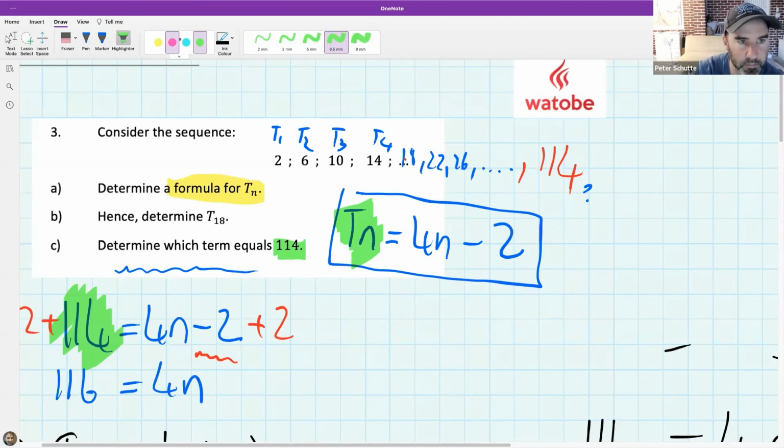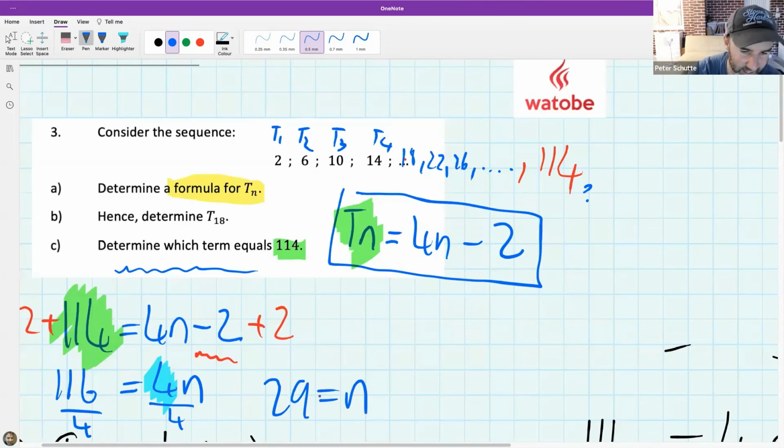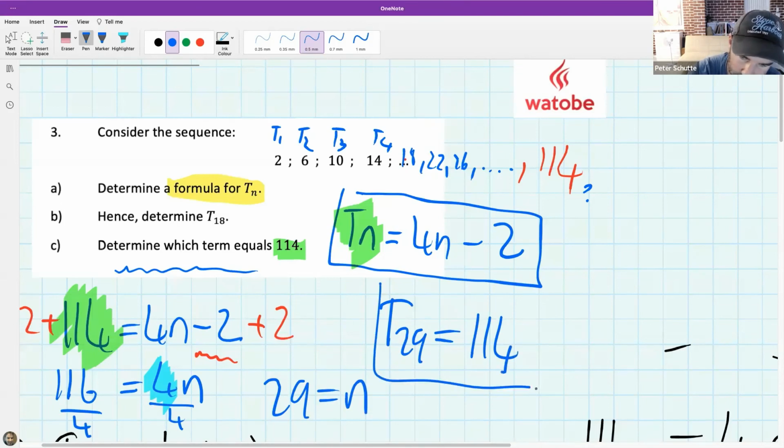But we still want to get n by itself, and this pesky 4 is in the way. The opposite of multiplying by 4 is dividing by 4, and as long as I'm doing the same to both sides, it's all good. You'll see I end up with 29 is n. What that means is the 29th term in the list is equal to 114.